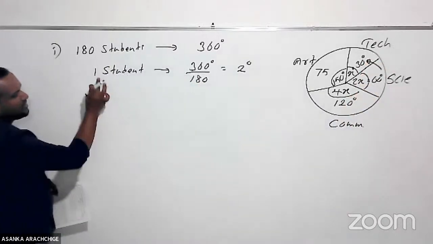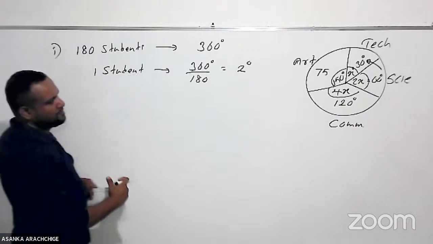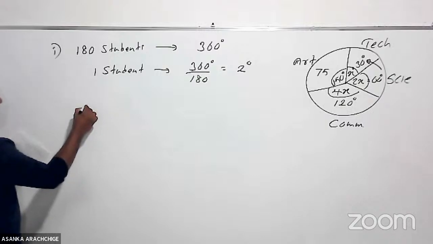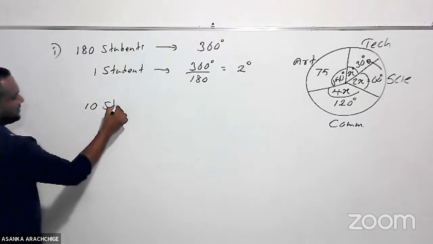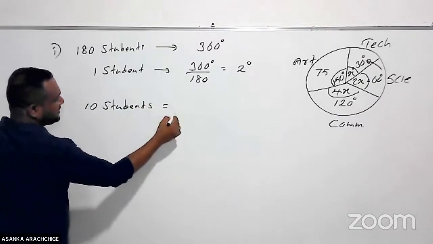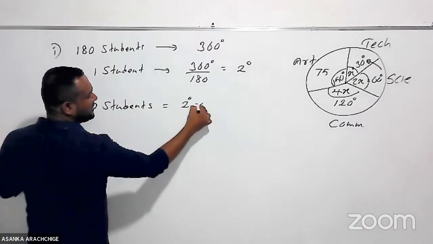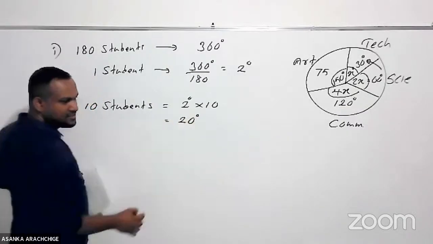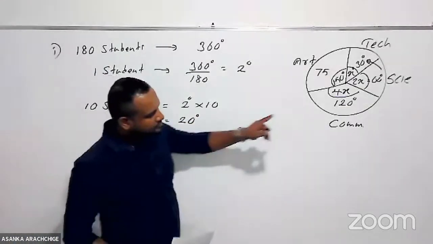You know, one student is represented by 2 degrees, then 10 students, that is equal to 2 degrees times 10, that means 20 degrees, right?